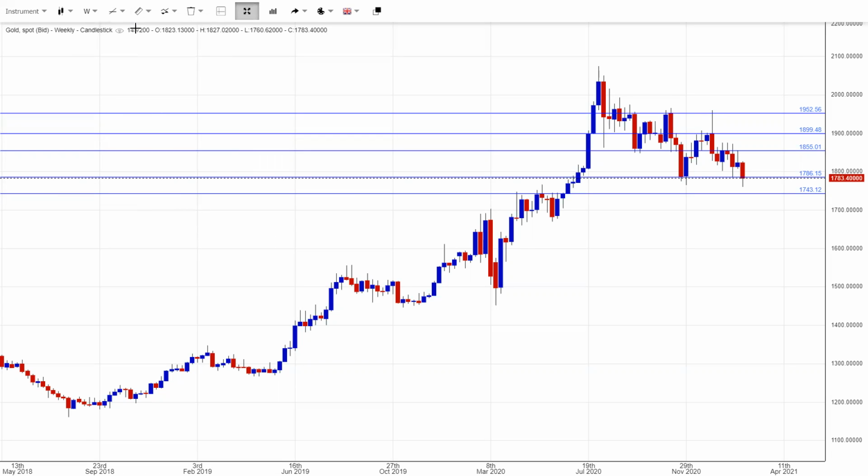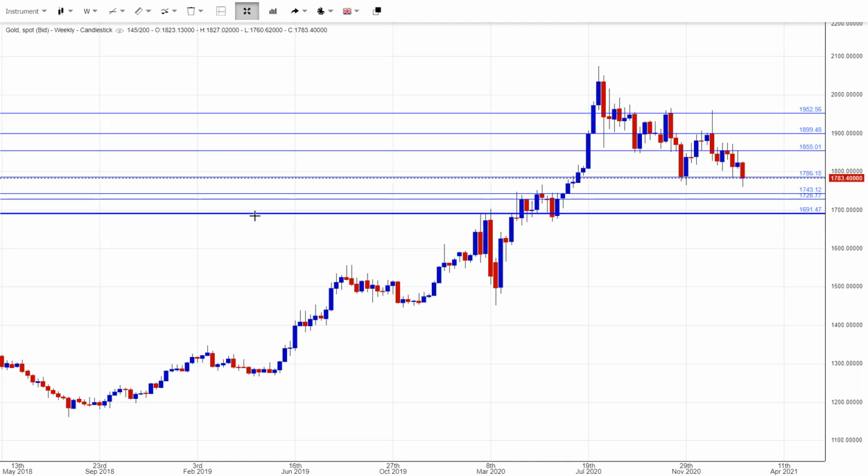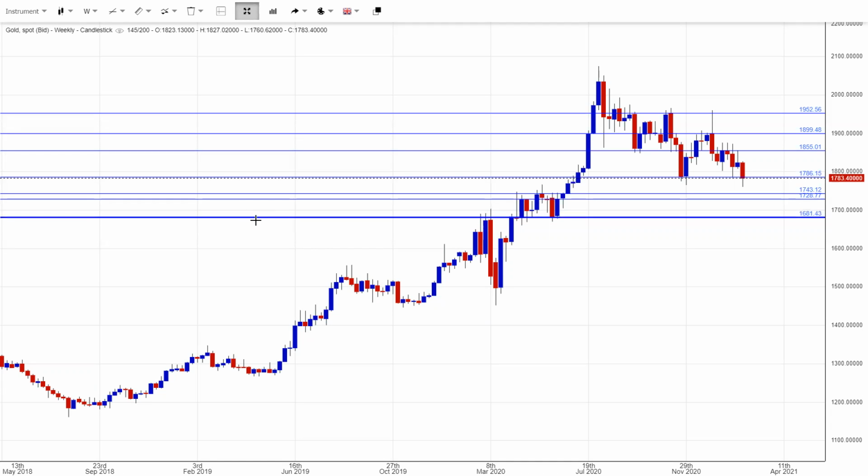I'll try to mark up as many support and resistance levels as possible, and then we'll drill down to a smaller time frame like the 4 hour to see what's going on on the smaller picture side.